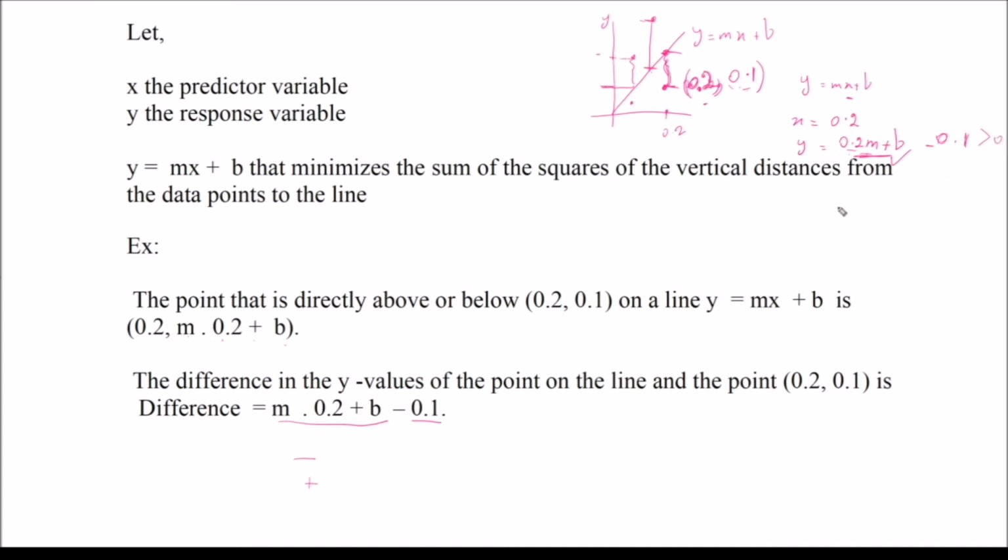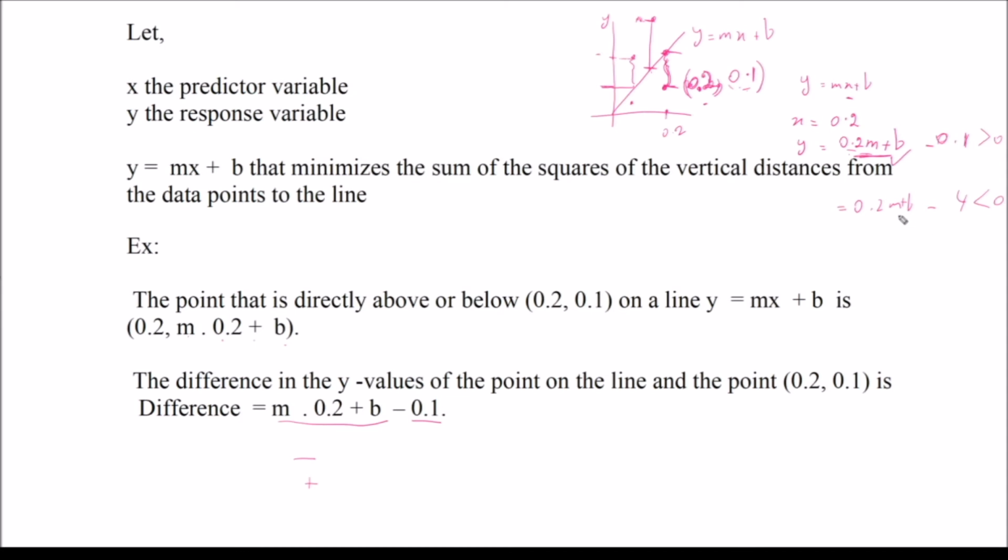But in the other case, if I consider a point somewhere here which is greater than this line, and I do this minus, like, 4 or something, obviously this is less than, because the 4 is bigger than this one. So in that case, it will be either negative or positive.